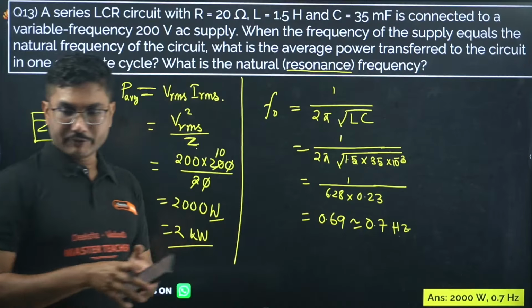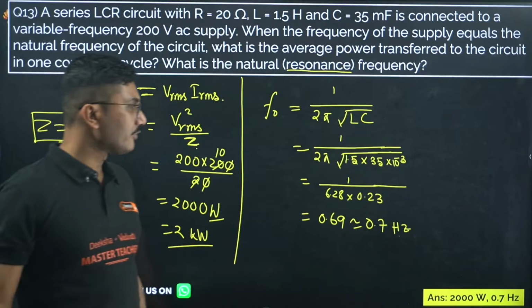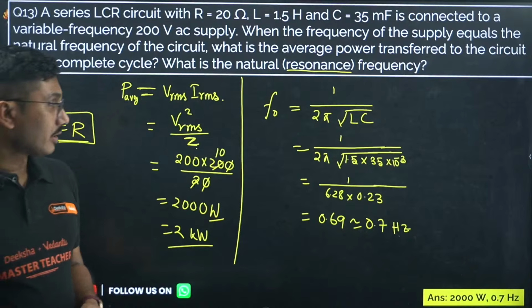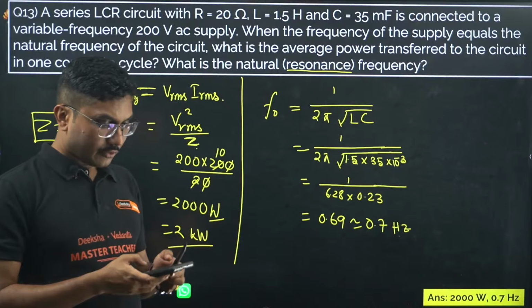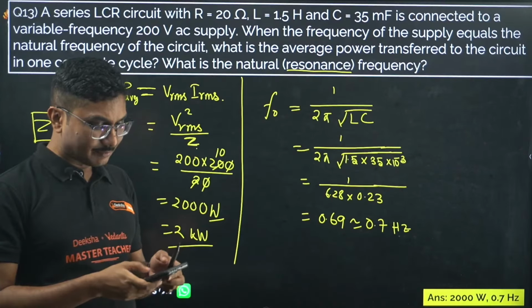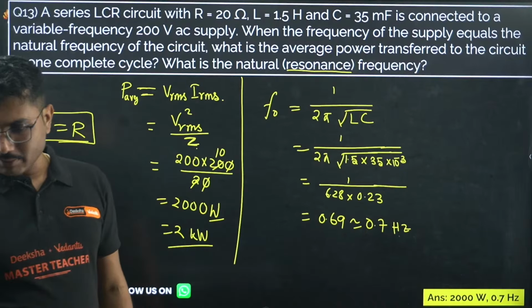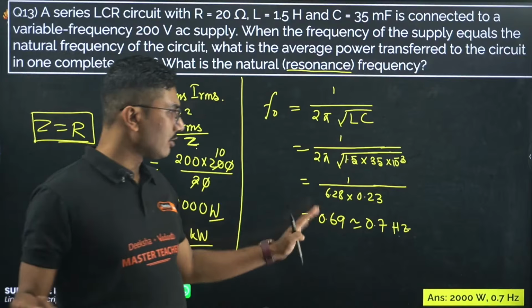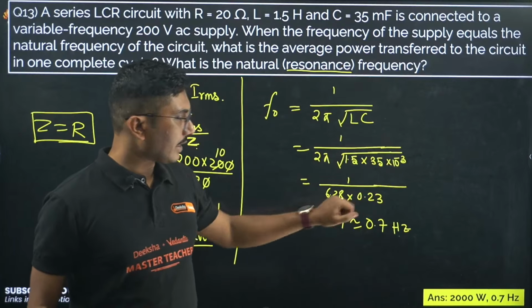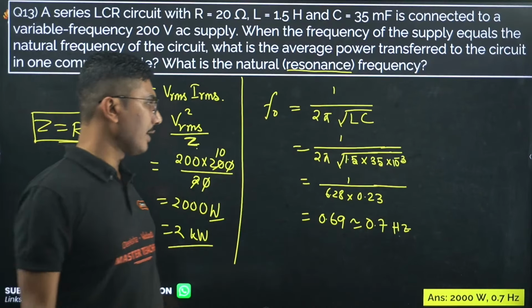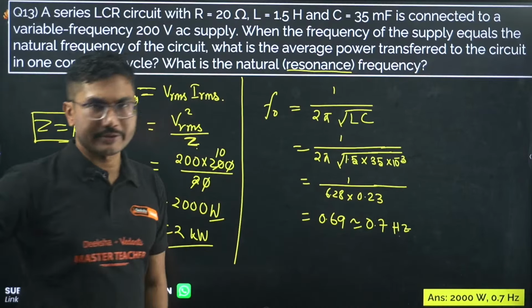So remember that if you are calculating, say, resonance frequency or square root of such in certain cases, always simplify step by step. Yes, 0.71 is correct, but 0.71 and 0.69 are both correct based on what you have taken here. If you take 0.22, it will be 0.71.